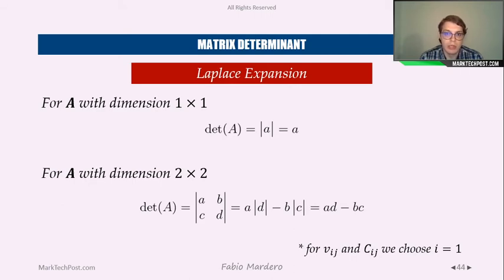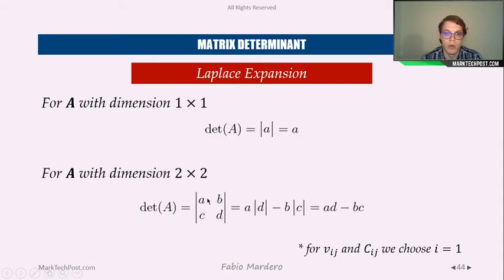In order to characterize this Laplace expansion, let's take a look at an A matrix with dimension 1 times 1. Of course, the determinant is equal to A. The formula is pretty straightforward. But let's take a look at A with dimension 2 times 2. So we have 4 elements. Thanks to Laplace expansion, we, for example, choose i equal to 1.